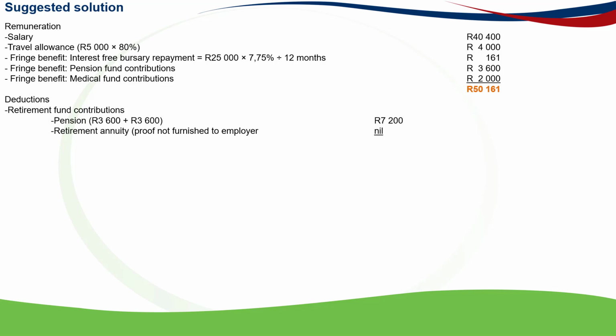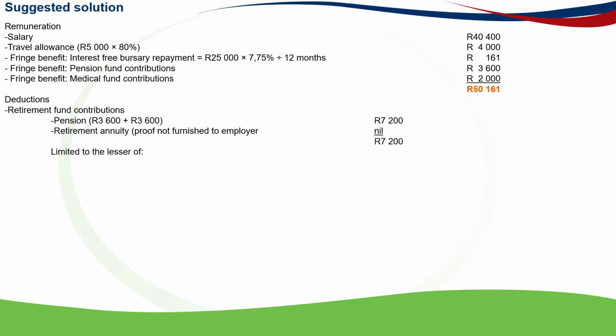But because he did not furnish proof to the employer that he has made contributions to the retirement annuity, the employer will not be aware of these contributions and therefore will not take them into consideration in calculating the employee's tax. It is important to note that this rule is only applicable for employees' tax purposes. Remember, employees' tax will be calculated by the employer, so they will use only the information that is available to them.